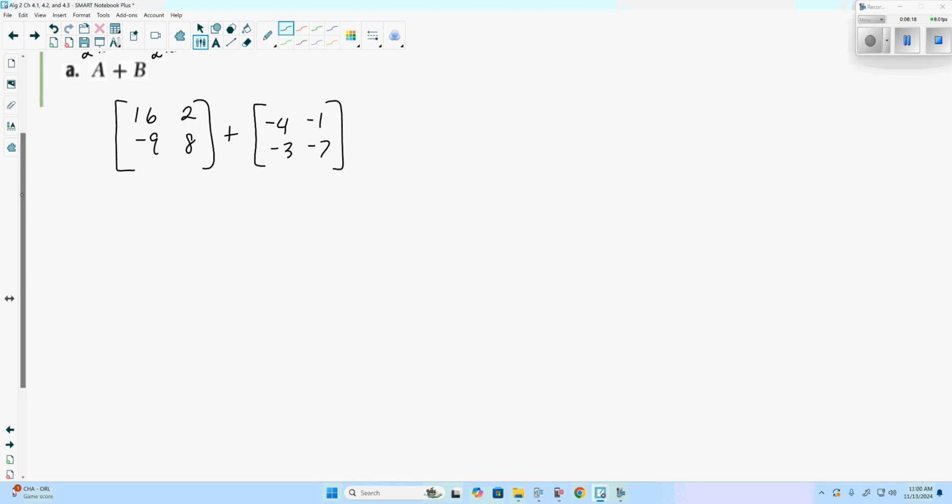And again, when we add two matrices together, we add the corresponding elements, the numbers or elements that line up. So 16 plus negative 4, 2 plus negative 1, negative 9 plus negative 3, and 8 plus negative 7.